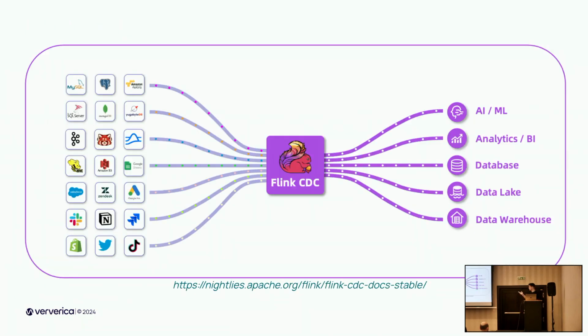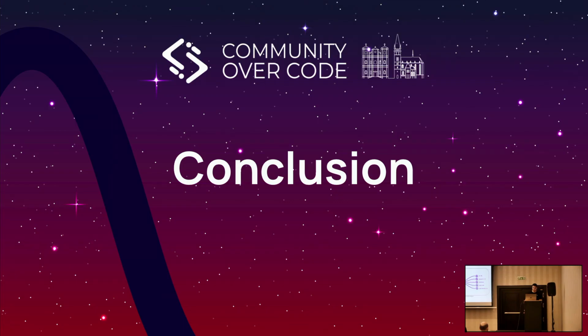And Flink CDC was recently adopted into the Flink project, so you can build your own ETL pipelines in real time to observe the changes coming to the source systems and do some enrichment, filtering, joining, and send them to the BI tools, data warehouse, or database.